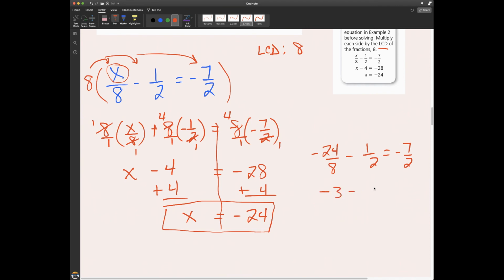And negative 3 minus 1/2 is what? It's negative 3.5, which is the same as saying negative 7/2. So negative 24 is the solution. All right, let's move on.